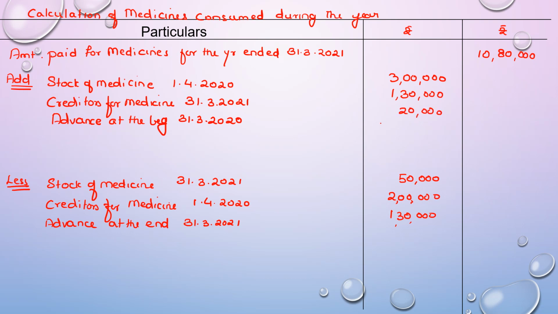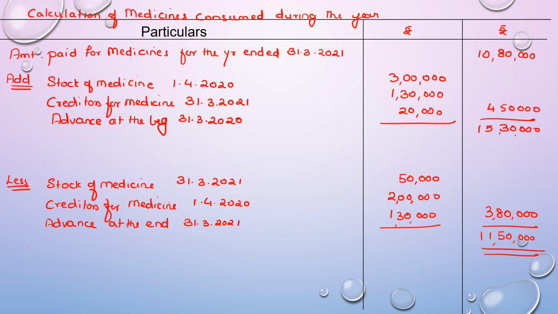So this way we add this up. 4 lakh 30, 4 lakh 50,000, and here it is 3 lakh 30, 3 lakh 80,000. Now let us add this together. 15 lakh 30 minus 3 lakh 80, that would be 50,000. This would be 11 lakh 50,000.